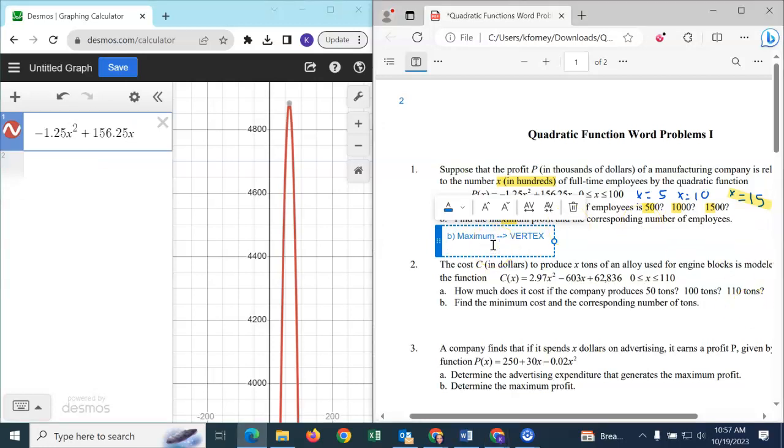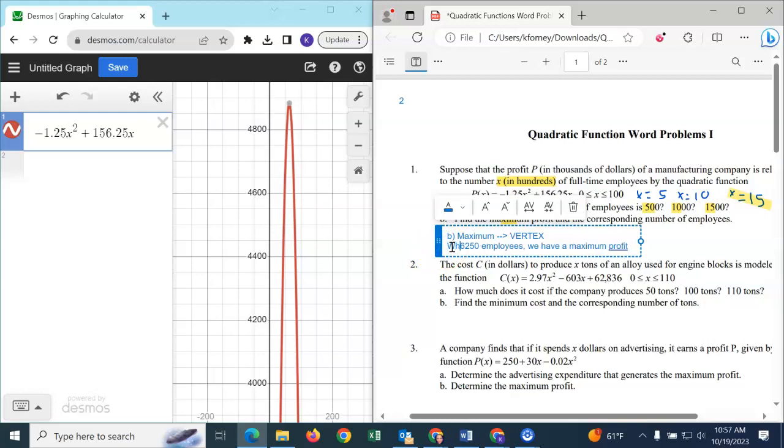So we see that when we have 62.5, which is 6,250 employees, we have a maximum profit.